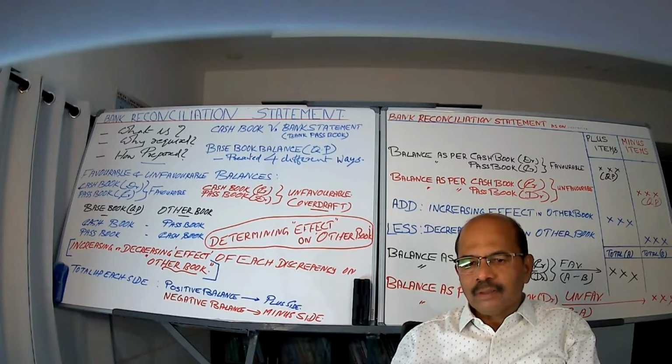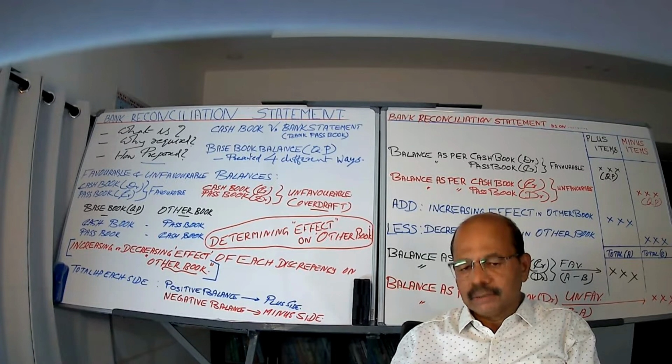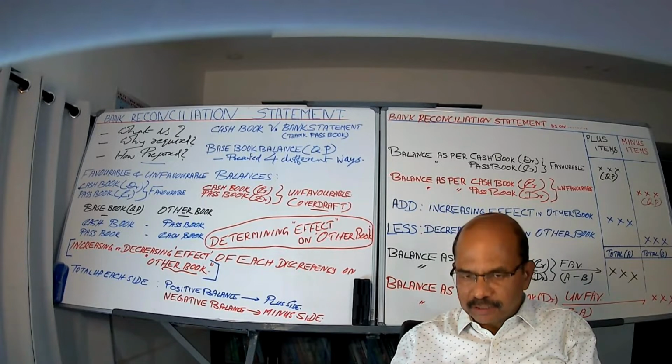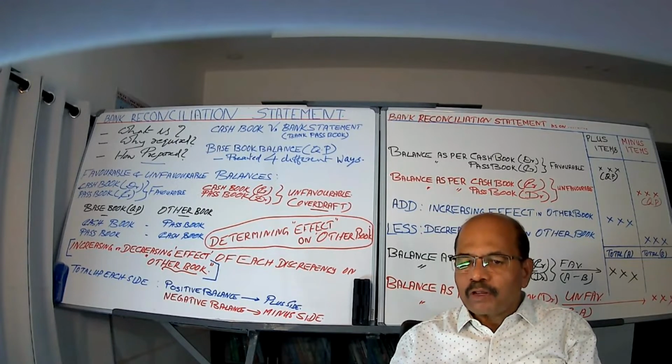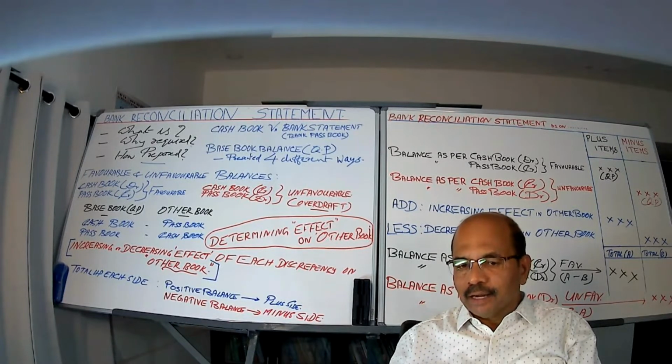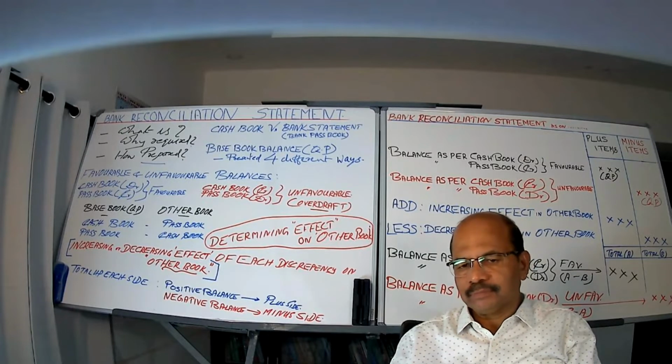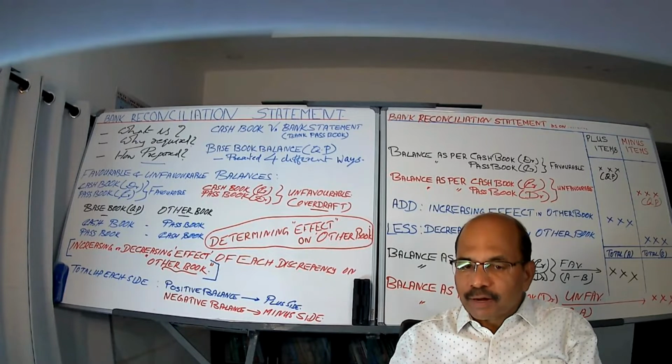The balance given in a question paper is called the base book balance. They may give you the balance as per cash book, then your task is to find out the balance as per passbook. Or if you are given a passbook balance as the base book, your task is to find out the balance as per cash book.